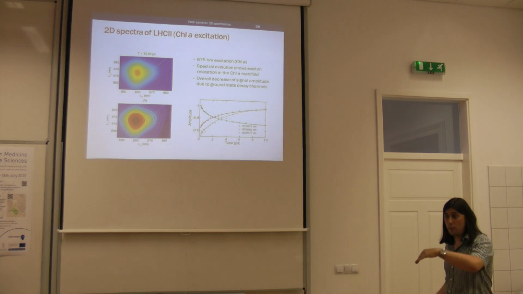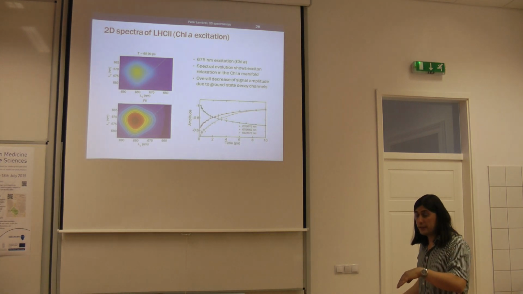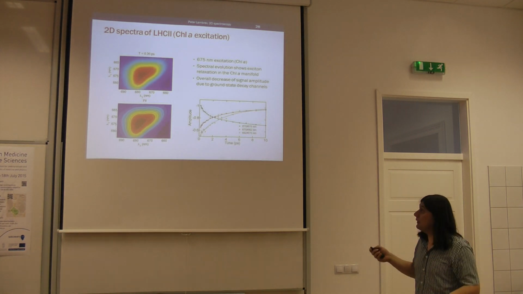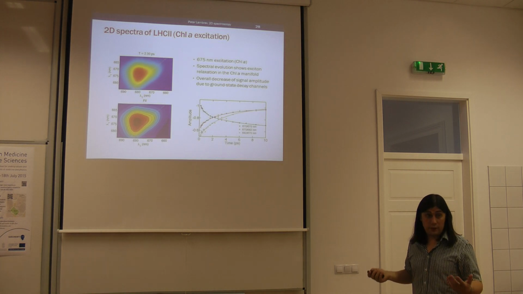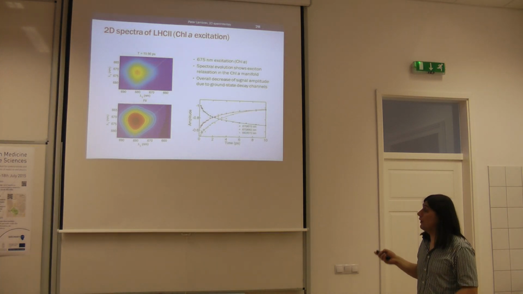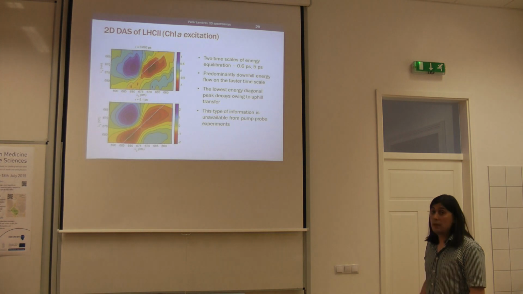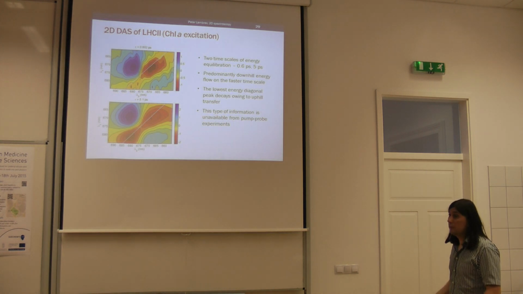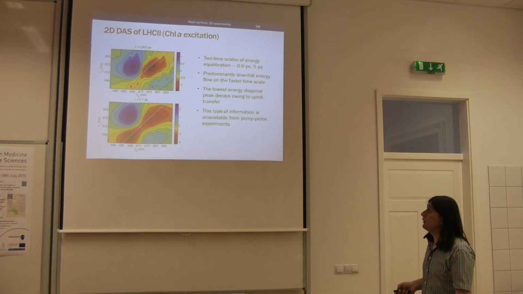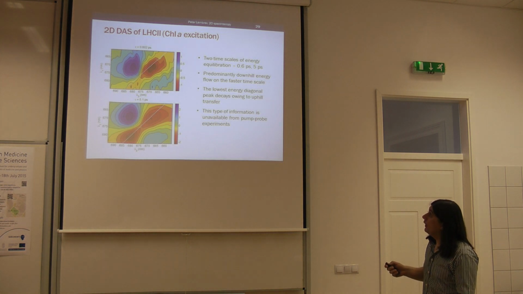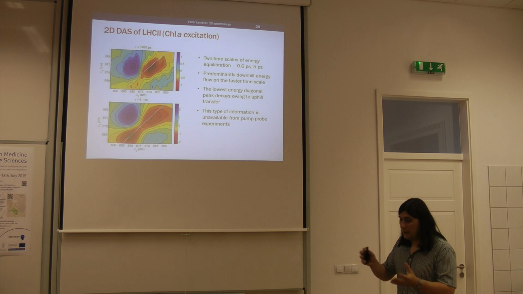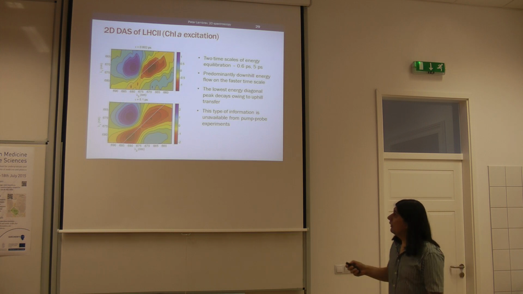So energy can go both ways. It can go downhill, but it can also go uphill, because this is done at room temperature, physiological temperature, where we have enough thermal energy to drive everything also backwards.